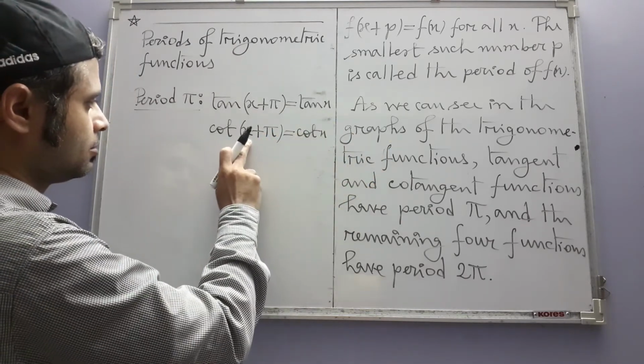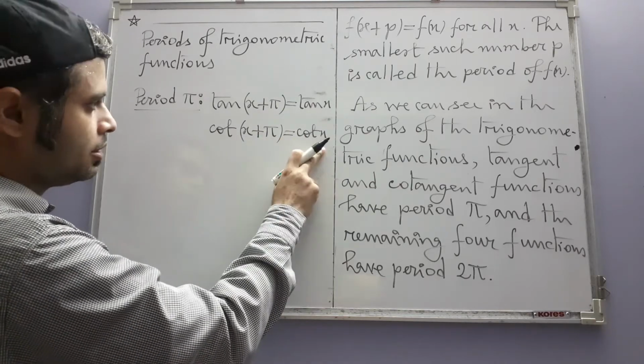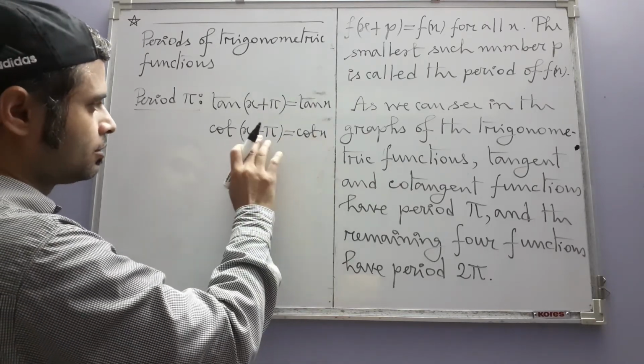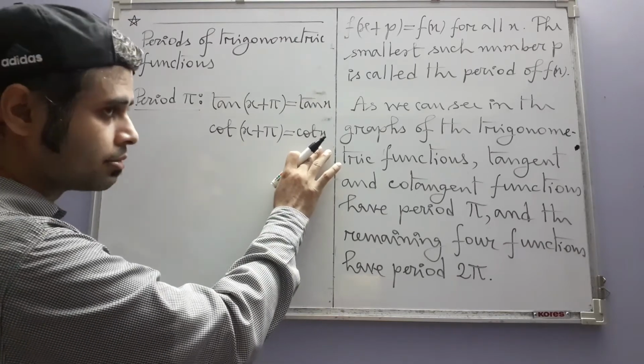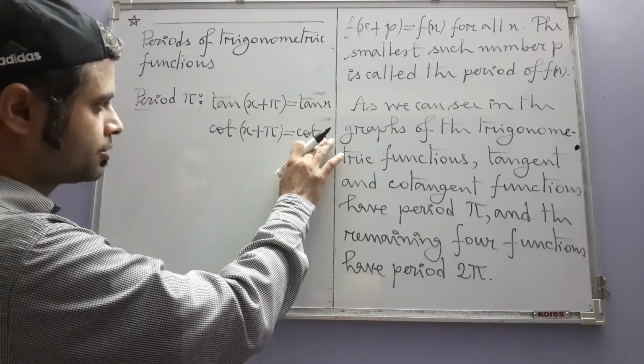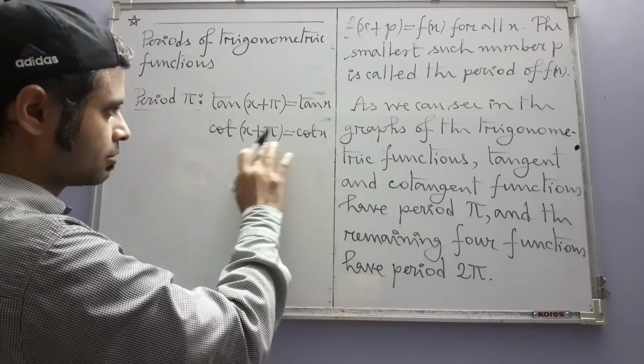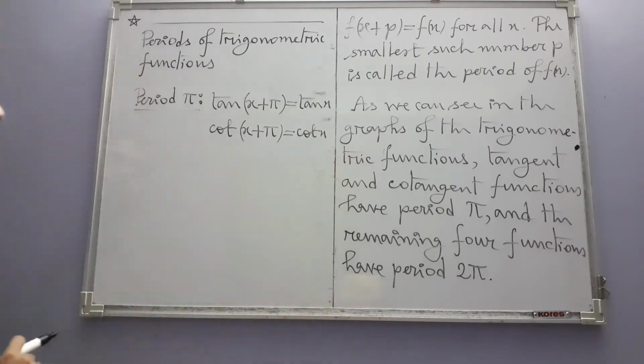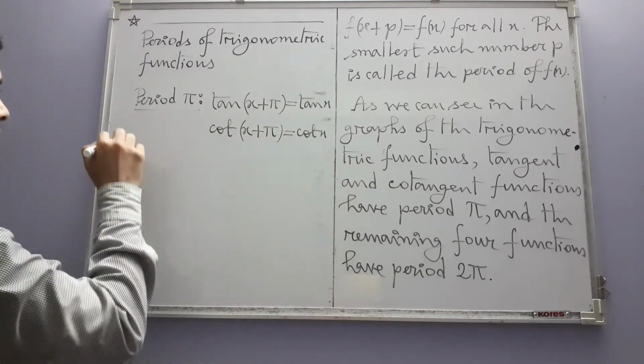That is, you have to see that the left and the right hand sides make sense. You should not put those values of x which will make the cotangent undefined.